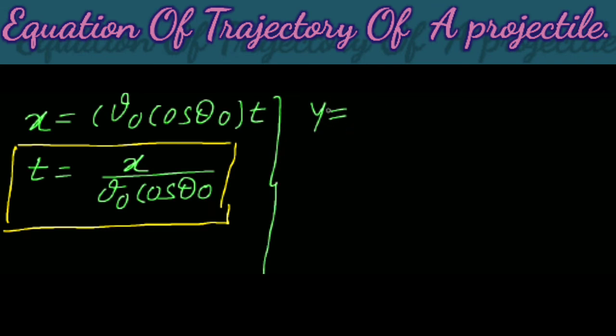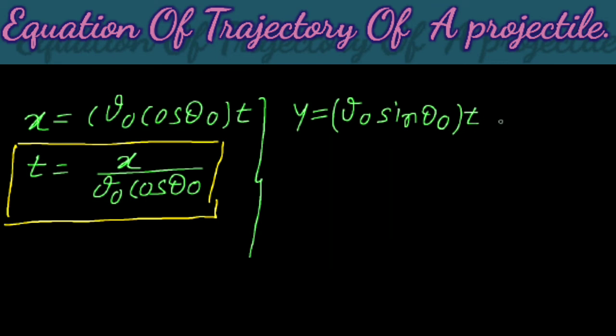To obtain the equation of trajectory of the projectile, we take the component of y. The equation of y is y equals v_0 sin θ_0 times t minus half g t squared. Now put the value of time t in this equation.